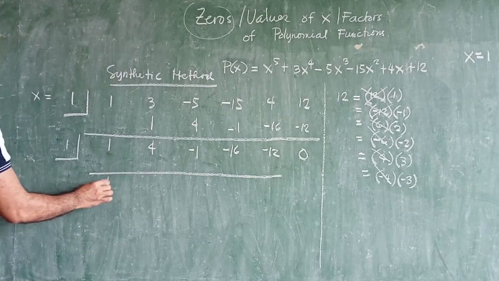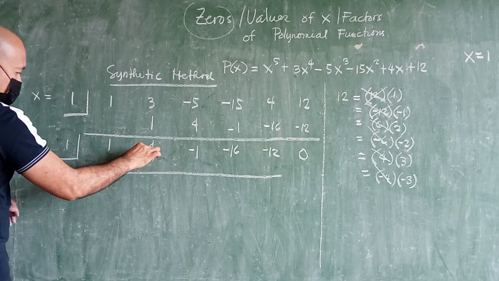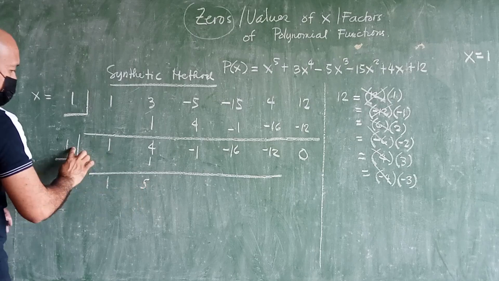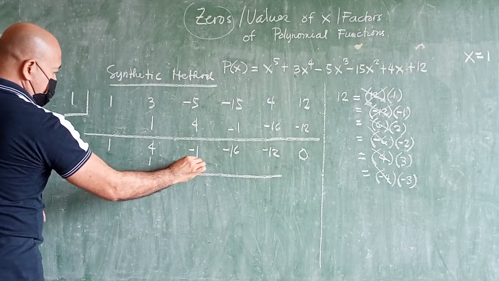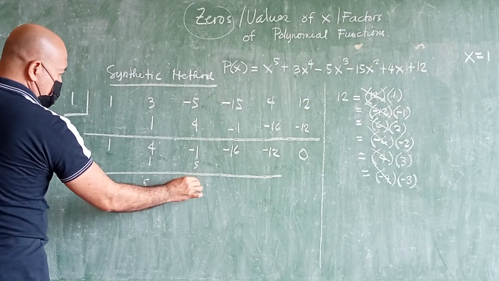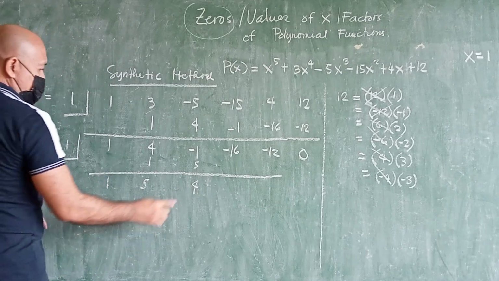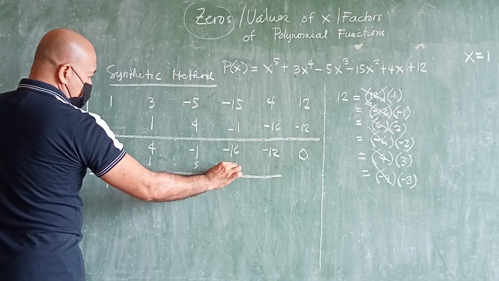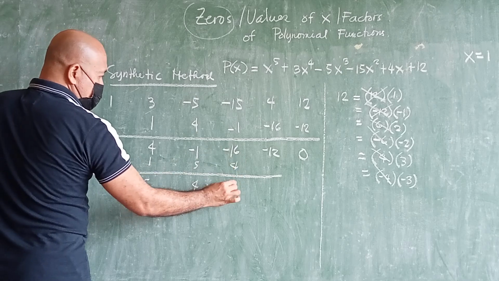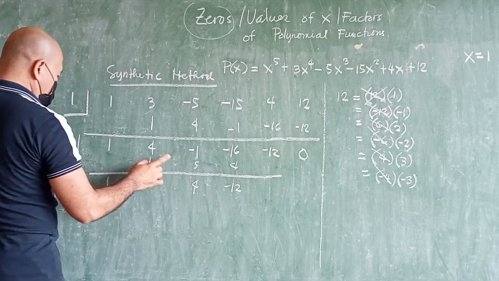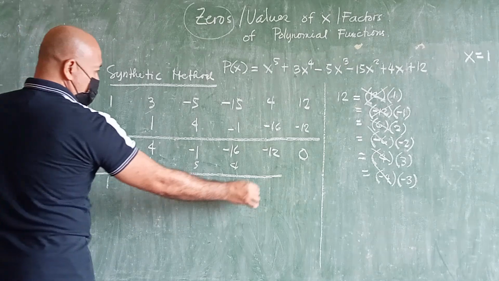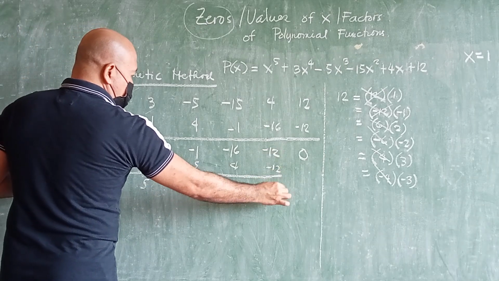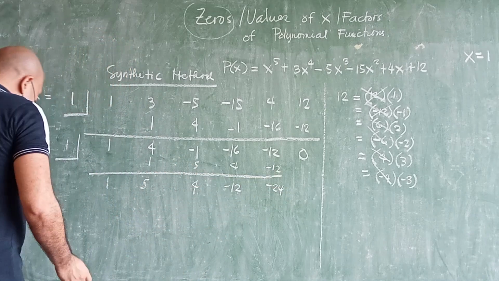The same, bring down, and 1 times 1, that is 1, and then add, this is 5, 5 times 1, this is 5, add, this is positive 4, and then multiply 4 and 1, the result is 4, and add, this is negative 12. When you multiply negative 12 and 1, the result is negative 12, so when you add, this is negative 24, so the remainder is not 0.